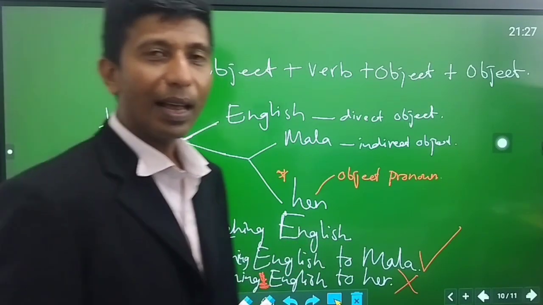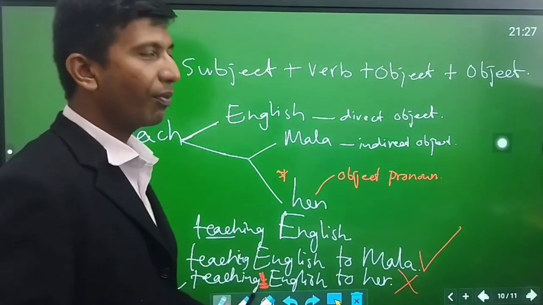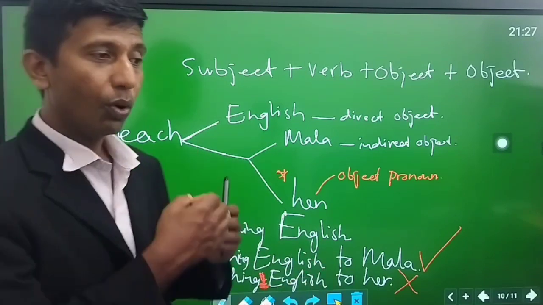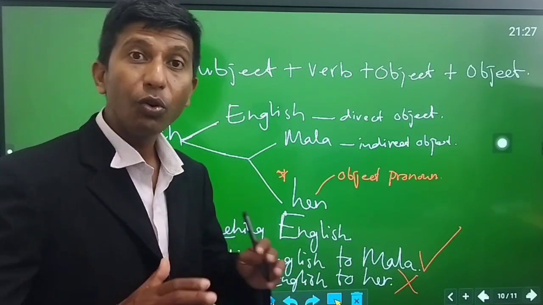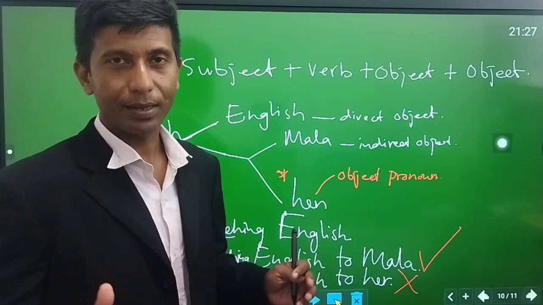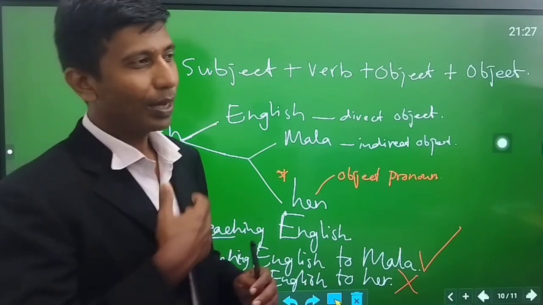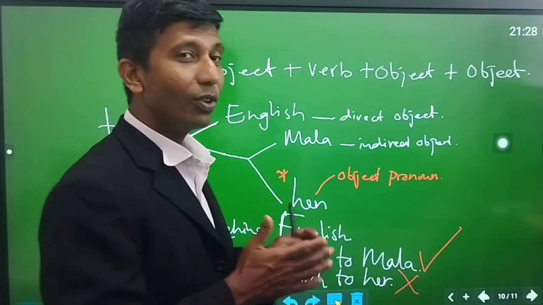This is what I call grammar. If you make these types of errors when you speak or write in English, they are huge grammatical errors. To converse or talk with somebody, you don't have to follow grammar.